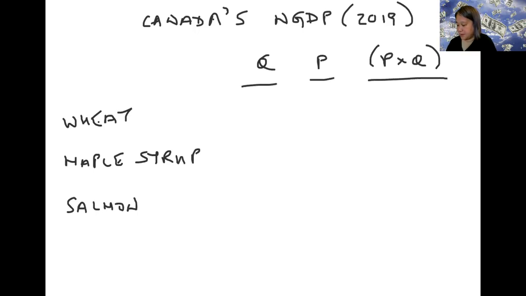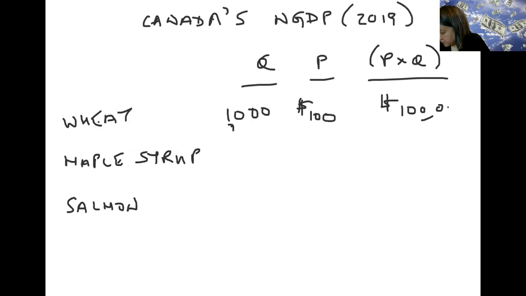So let's say that we produce 1,000 tons of wheat. And let's say the price is $100 per ton. So that means that price times quantity is equal to 100,000, right?